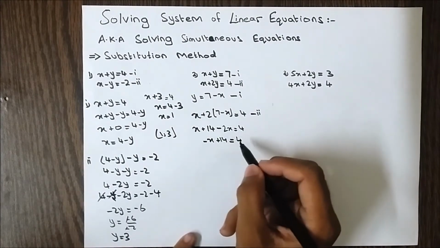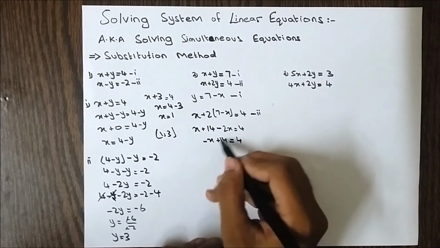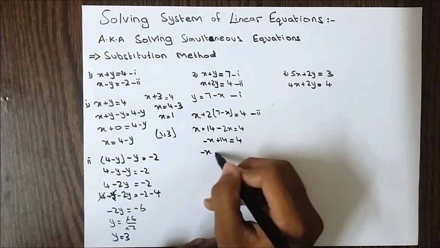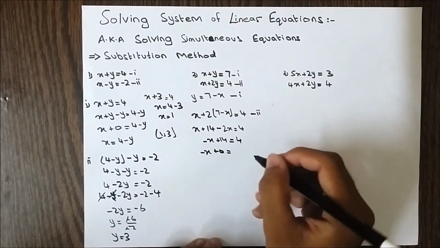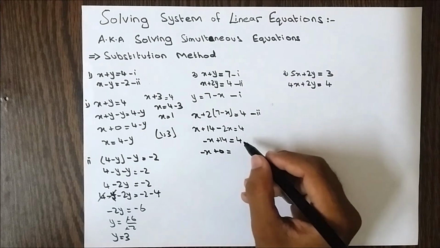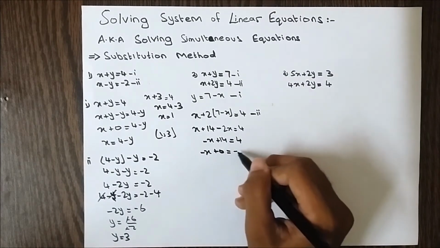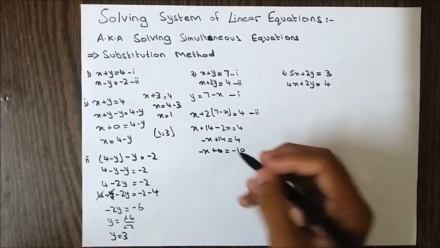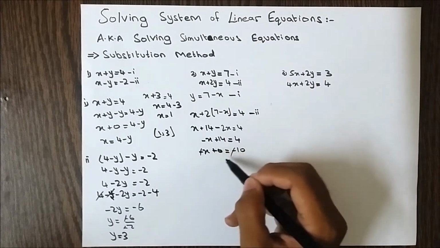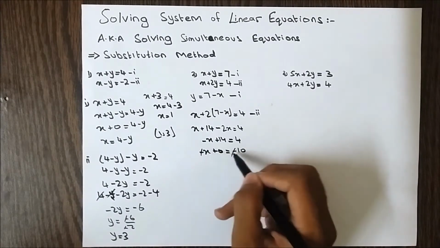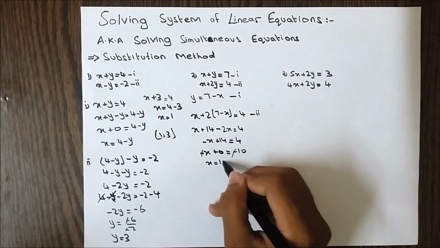So when we subtract 14 on both sides, we get minus x plus 0 equals 4 minus 14. 4 minus 14, when we subtract 14 from 4, we get minus 10. Okay, so minus signs cancel out. We actually divide by minus 1 on both sides, so these both minus signs cancel out, it becomes plus. We get x equals 10.